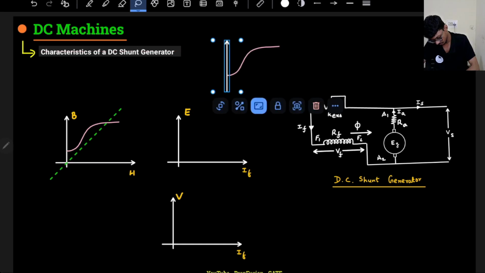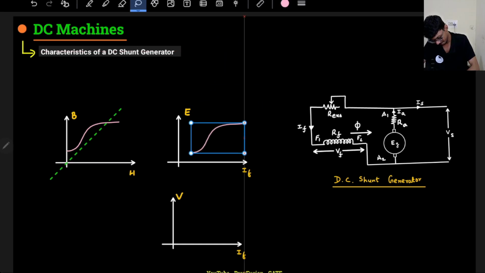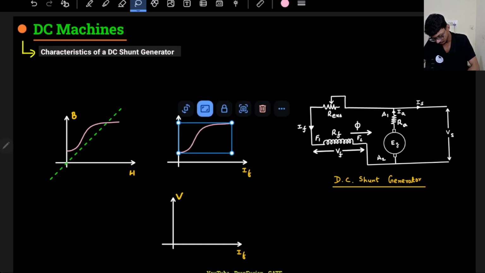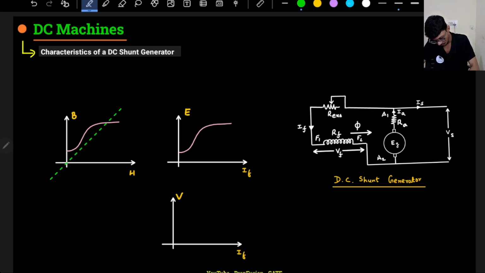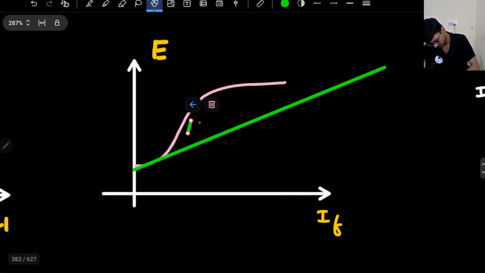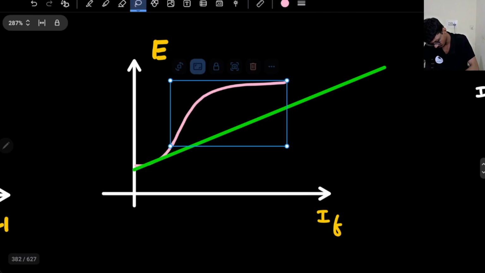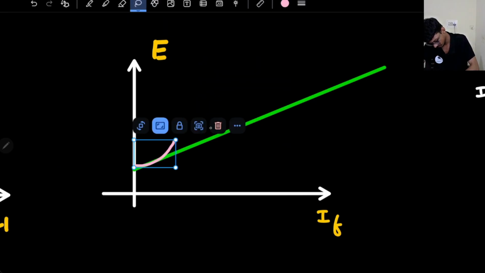And the field current line is drawn over here. Although this will be somewhat like this actually, because initially, okay, I will draw it a bit properly because you will get confused otherwise.